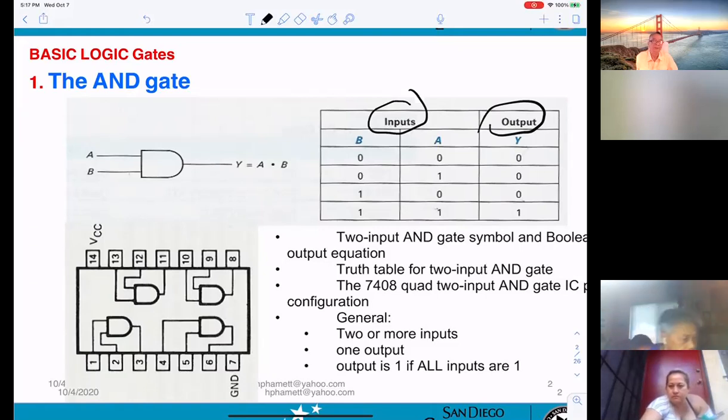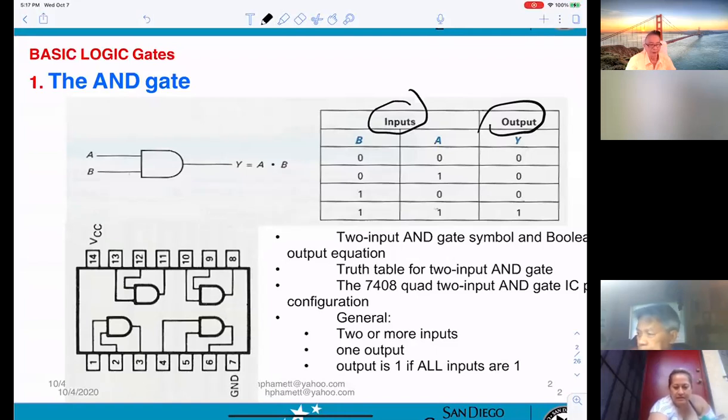Okay, and the part number for the AND gate is 7408. They also show you the 7408 IC. IC means integrated circuit.